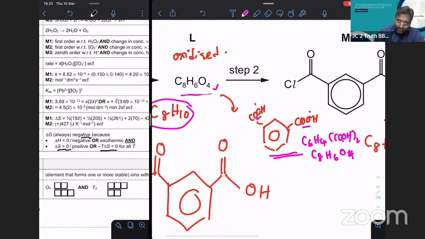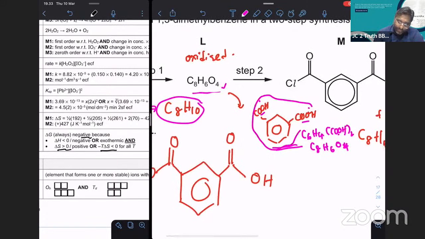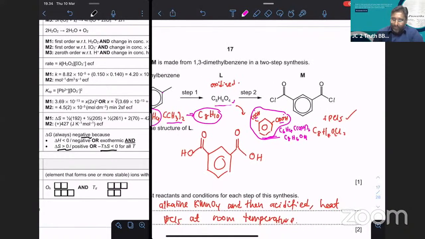And you see it matches. The moment it matches, we know this is going to be oxidation. And then after that, there is step number 2, where the carboxylic acids are changed into Cl. This one is quite simple. How to change carboxylic acid into acyl chloride? You just react with PCl5.